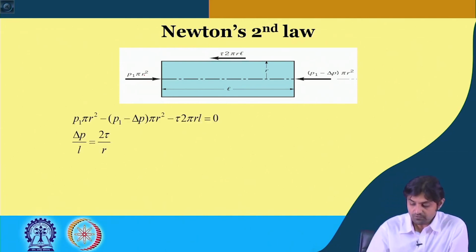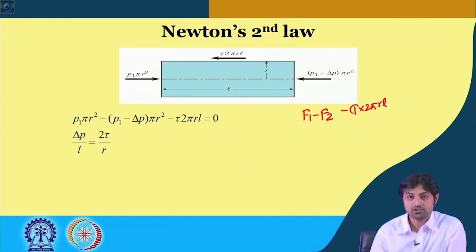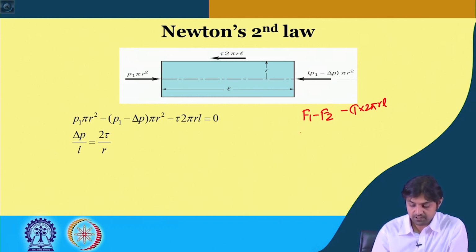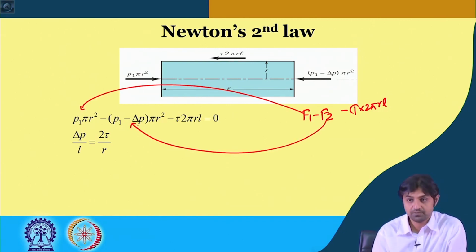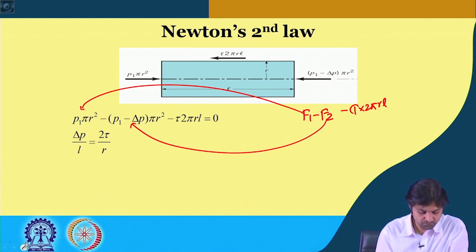So the equation is going to be F1 minus F2 minus tau into 2 pi R L, because this shear stress will be acting on the entire cylindrical perimeter. F1 is P1 pi r square, F2 is P1 minus delta P into pi r square, minus tau into 2 pi R L is equal to 0.